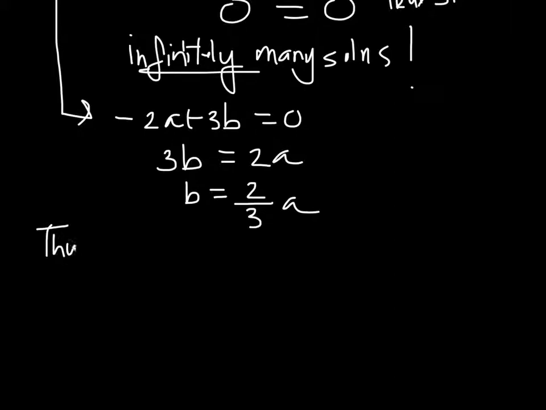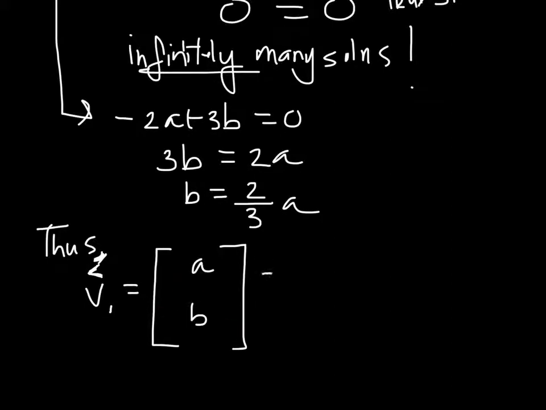Thus, our associated vector v1 that we want to find is (a, b). Let's write it in. A can be anything, so I'm going to let a be 3. Why?